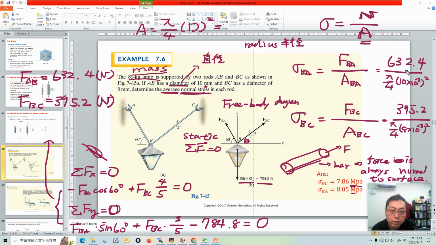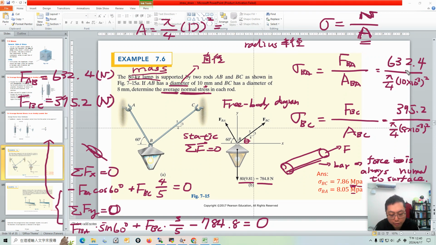Yes, that's correct. For the other, 8 times 10 to the power minus 3, squared, times pi divided by 4, inverse, times 395.2 divided by 10 to the power 6. The normal stress BC is 7.866 megapascal. Yes, the answer is correct.